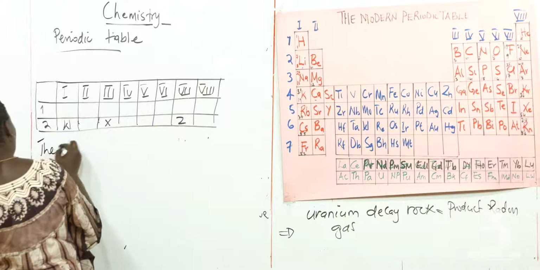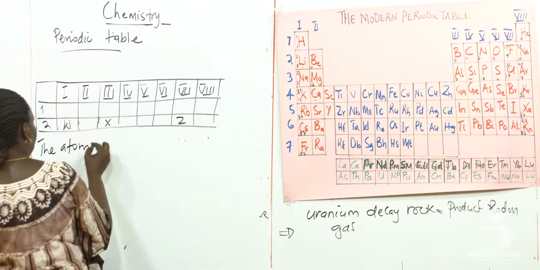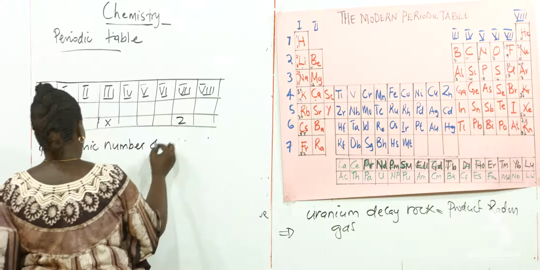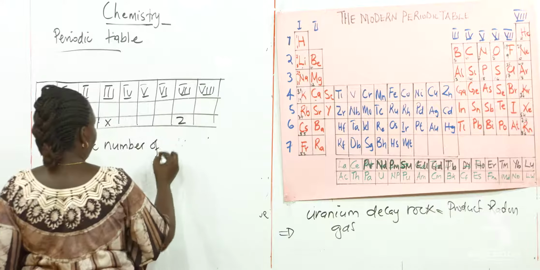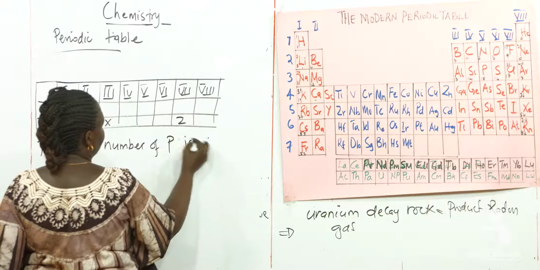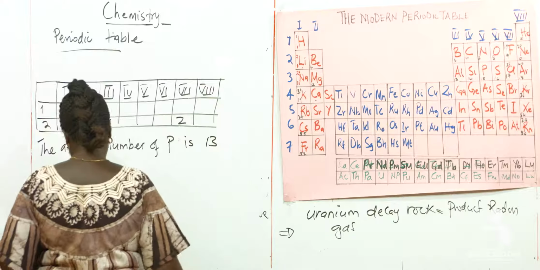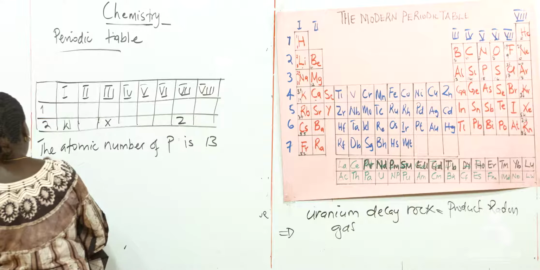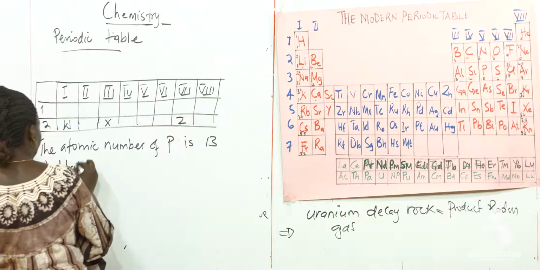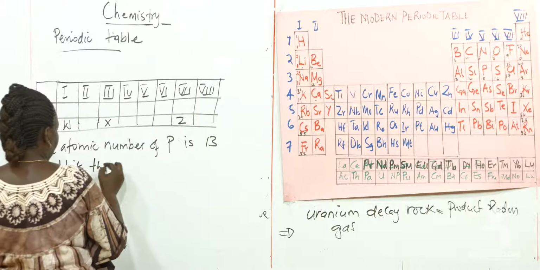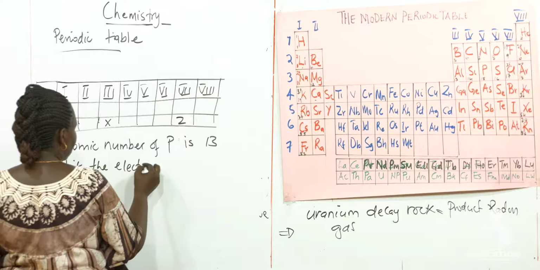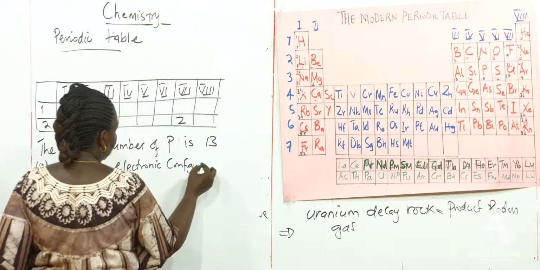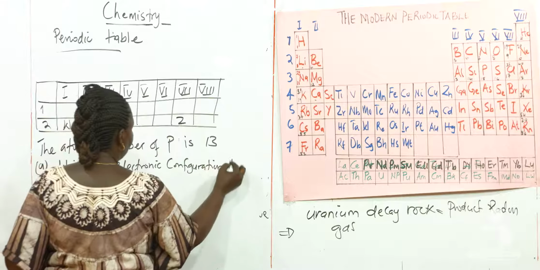The atomic number of P is 13. Write the electronic configuration of P.